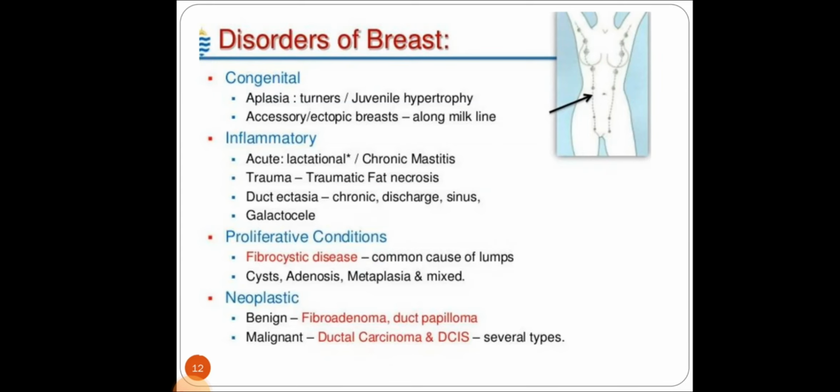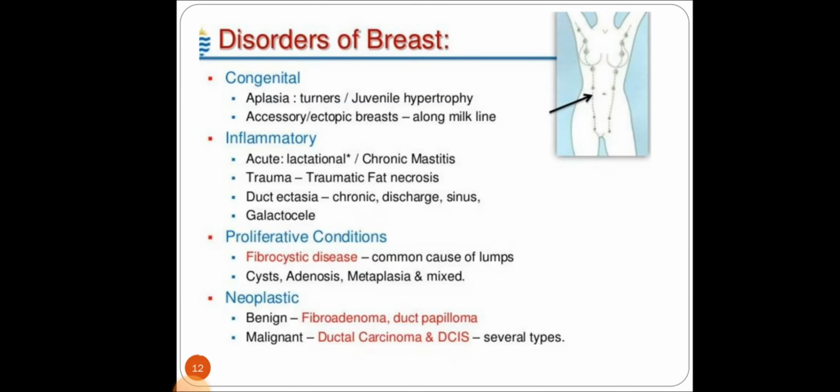Then another one is polymastia. Polymastia means accessory breasts are present. That is mainly what we have told about the milk line. So accessory breasts will be present there. Then another thing is supernumerary nipples, that is, more than two nipples will be present in a lady.